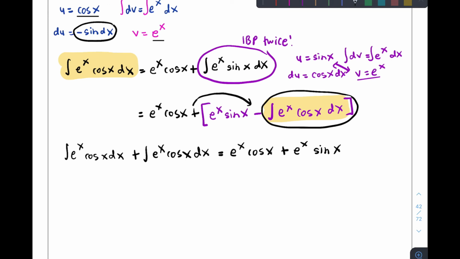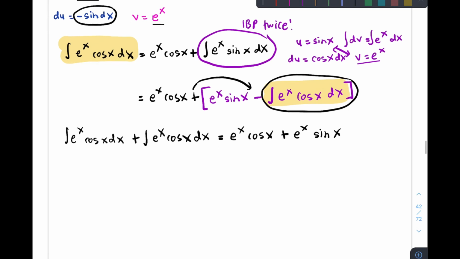Now you see there are two terms which are the same thing. For example, if you name this A and this also A, what you get is 2A, am I right?